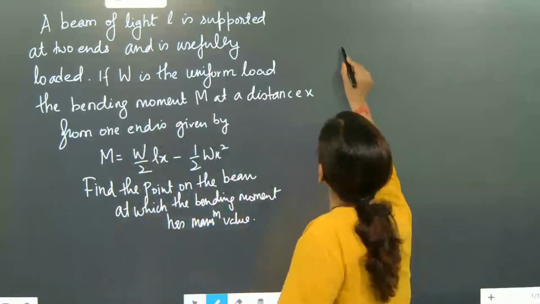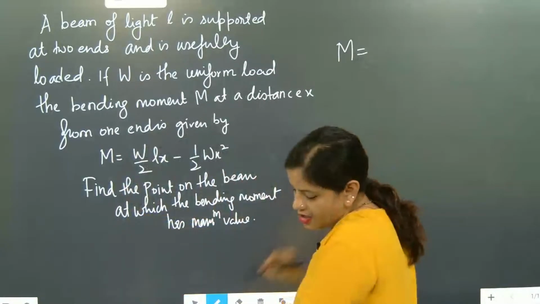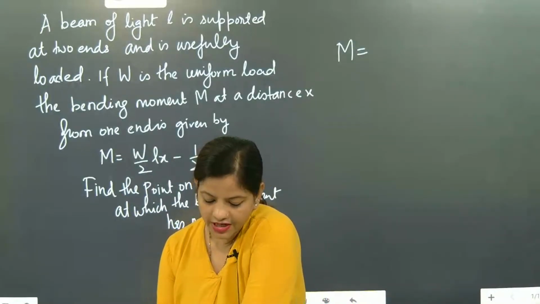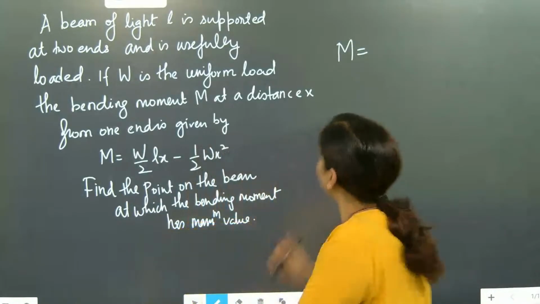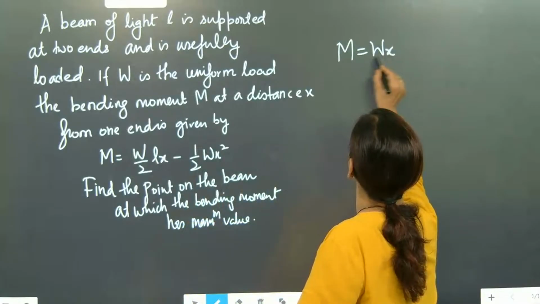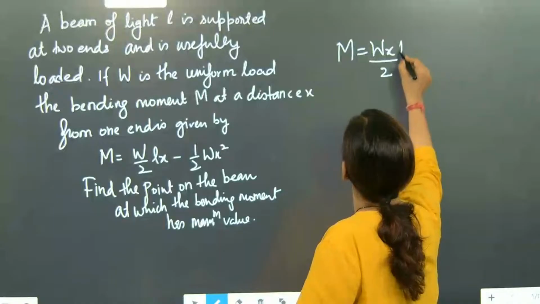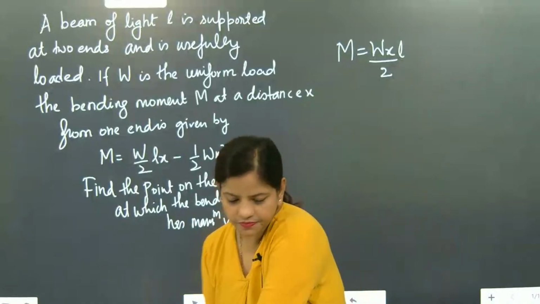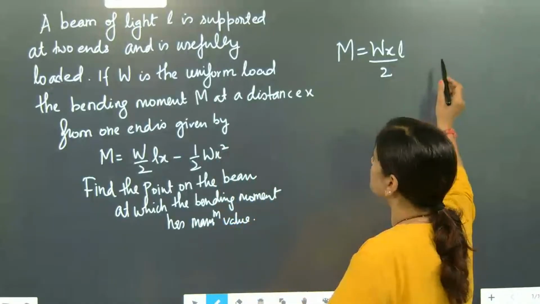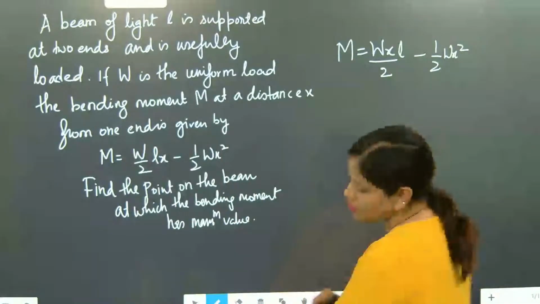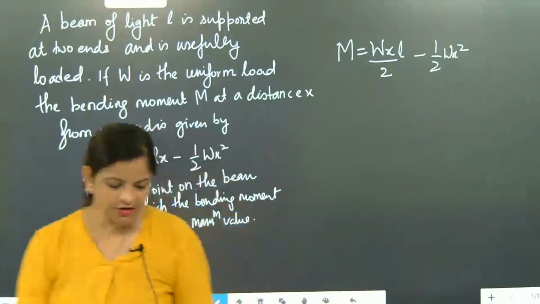So bending moment M will be equal to WLx by 2 minus Wx square by 2.